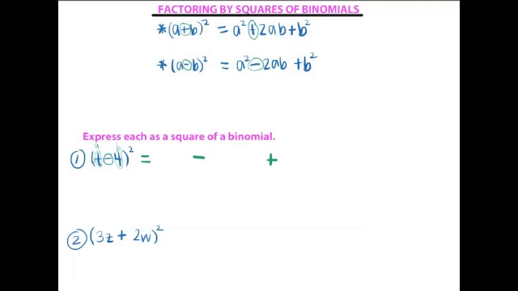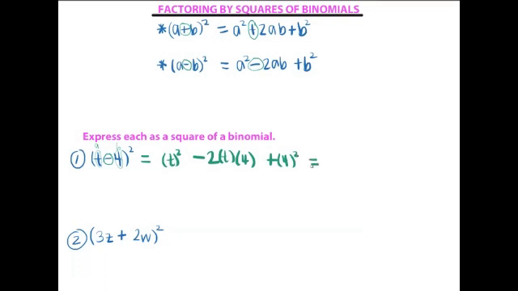A squared, in this problem A is T, so T squared minus 2. This 2 is always there no matter what the problem is. 2 times A, which is T, times B, which is 4, plus B squared, which is 4 squared.